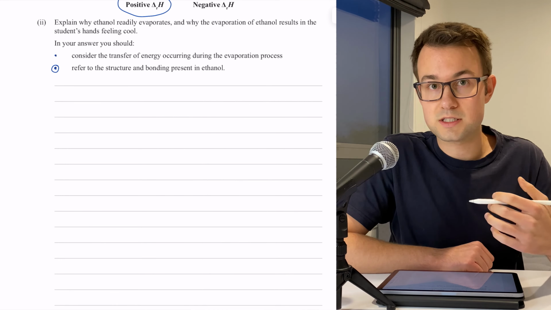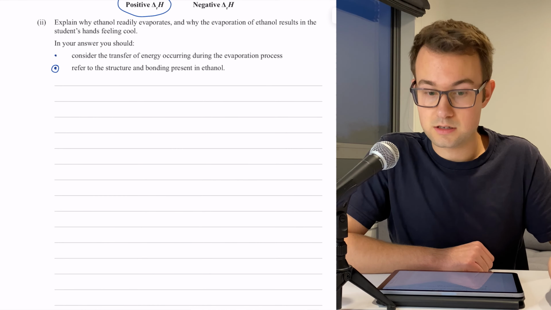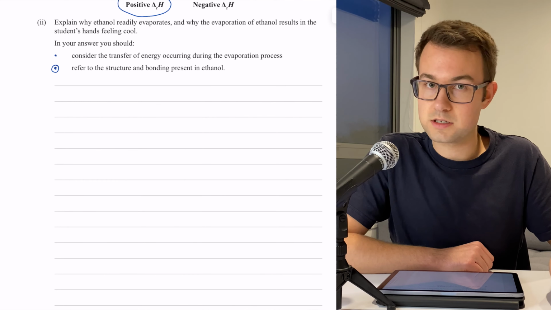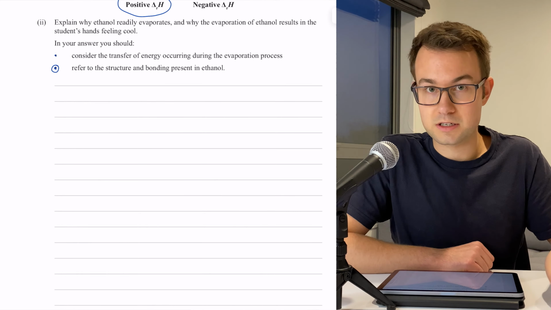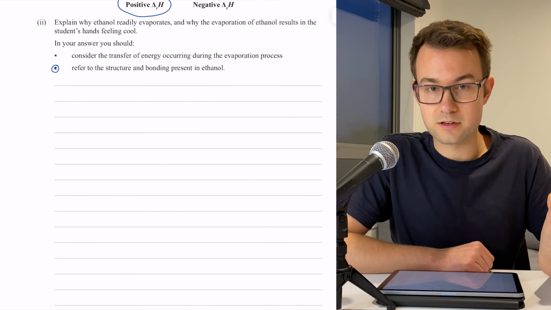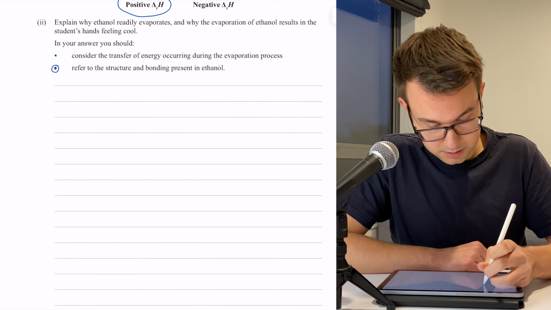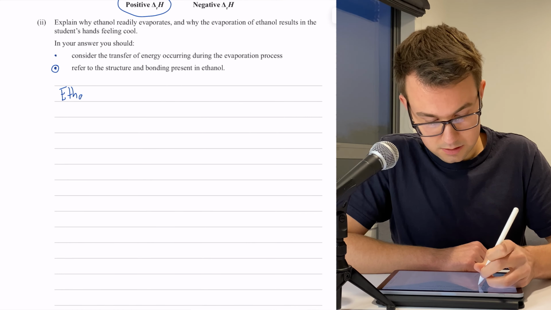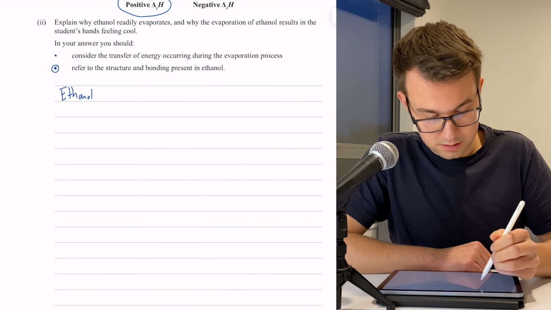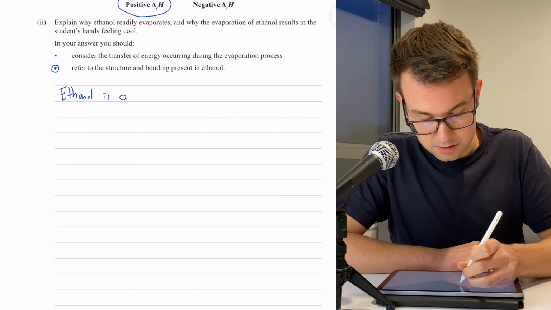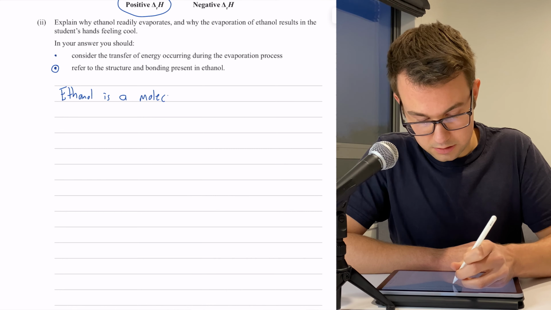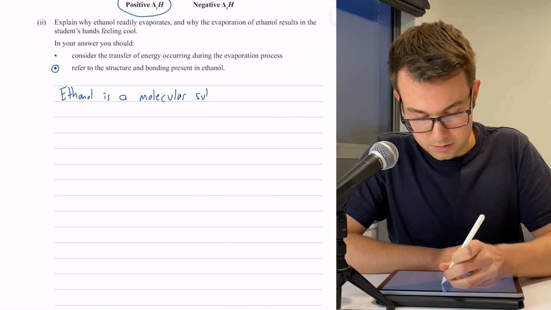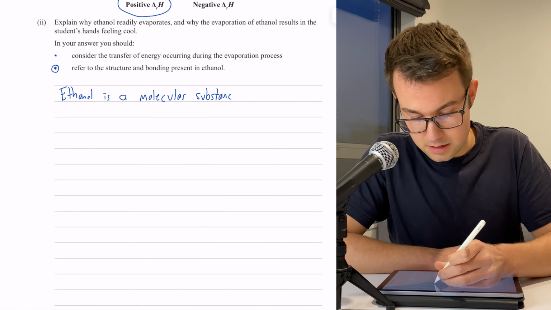Let's think about what sort of substance ethanol is. Is it metallic? It doesn't give metallic vibes. Is it an ionic substance? Probably not either. So ethanol is a molecular substance.